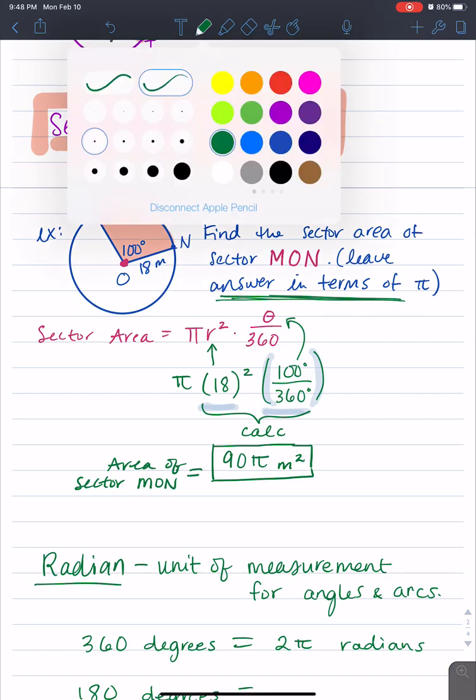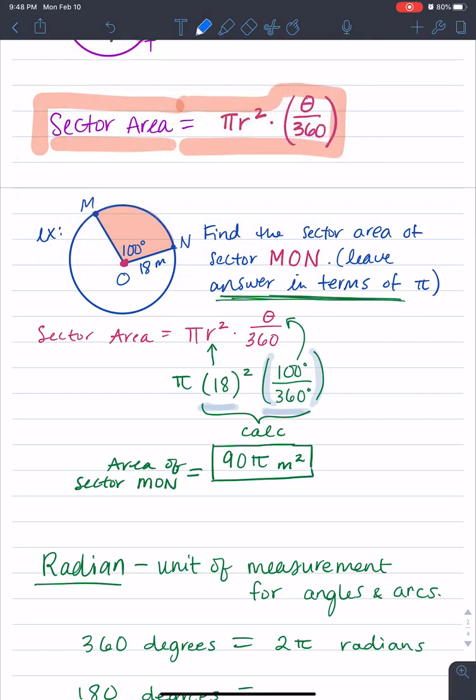Quick question before we move on to radians. Okay, make sure your answer, if I say leave your answer in terms of pi, another way to phrase that on your homework is the exact answer. Okay, that means I want this here as an exact answer. More specifically, it means no decimals.